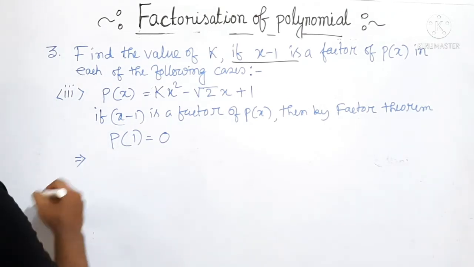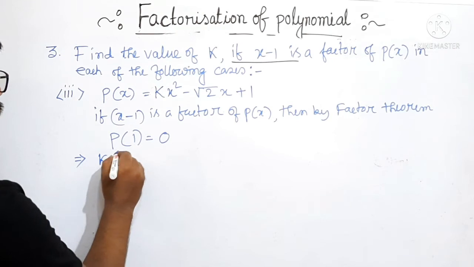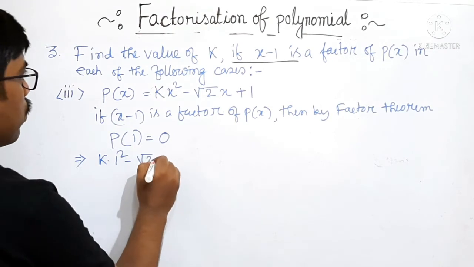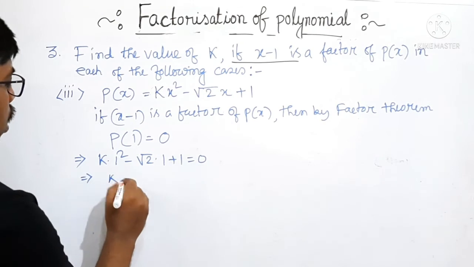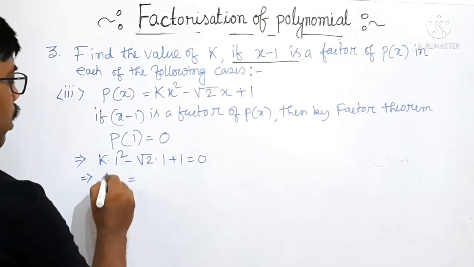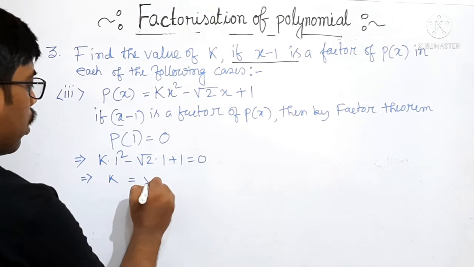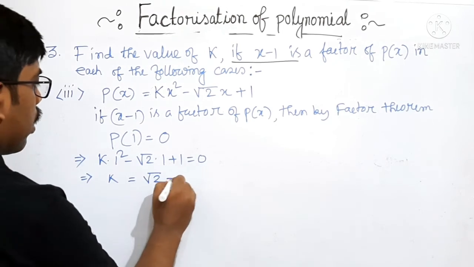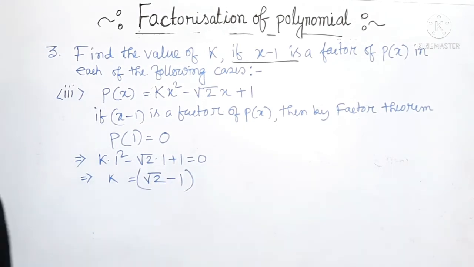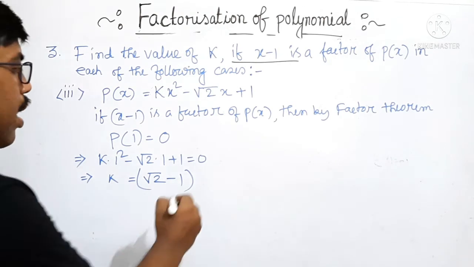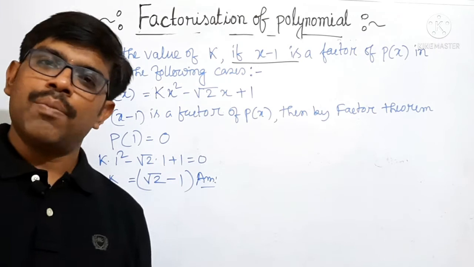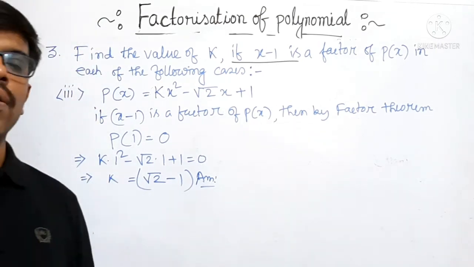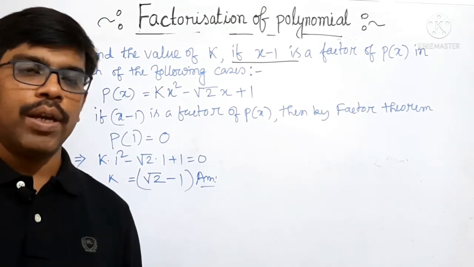Therefore, it implies k into 1 square minus root 2 into 1 plus 1 is equal to 0, implies k will be root 2 minus 1, and it is the answer. Okay, the problems are very easy. So I think all of you can do the remaining problems in your home.